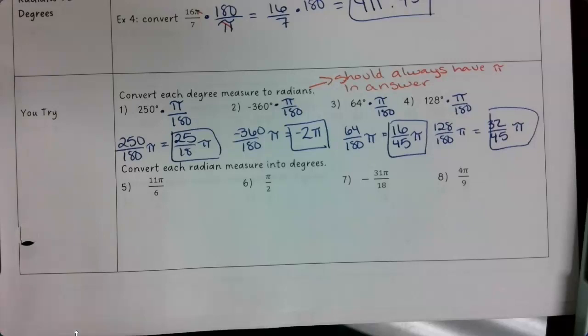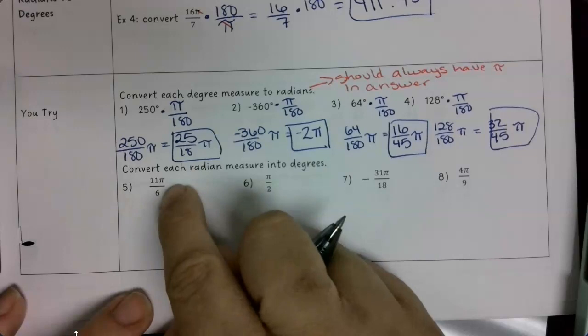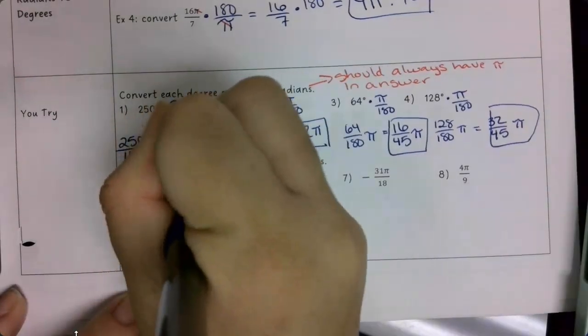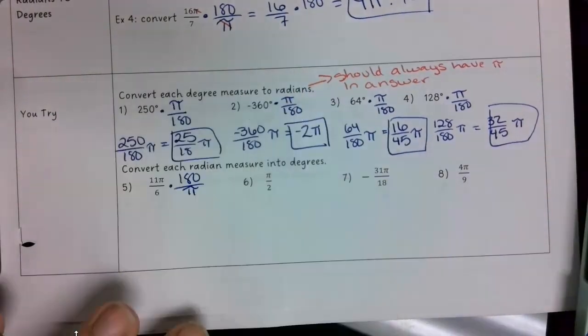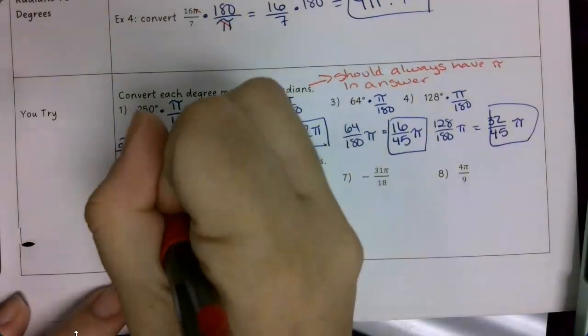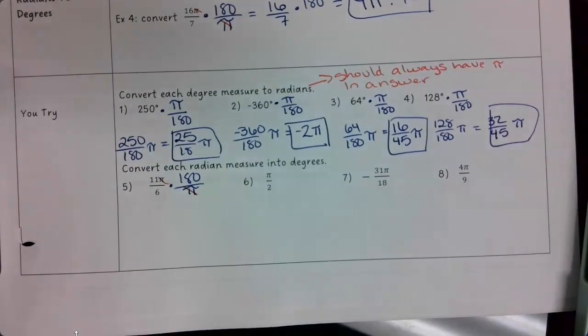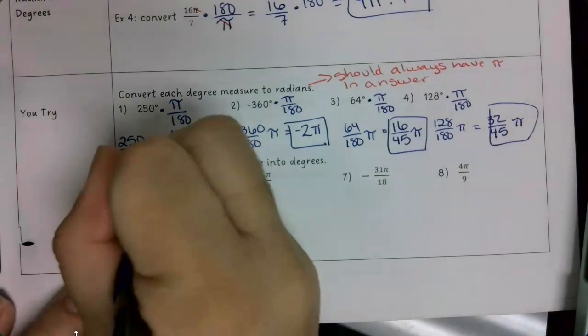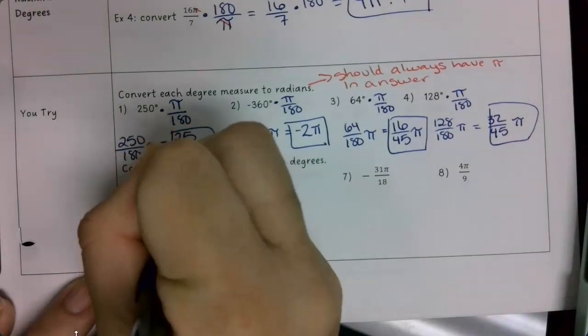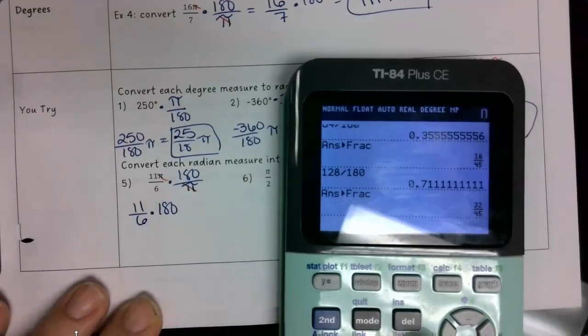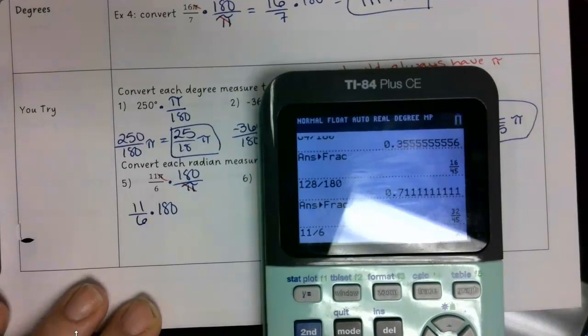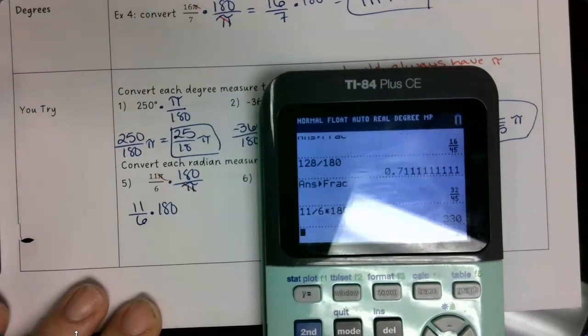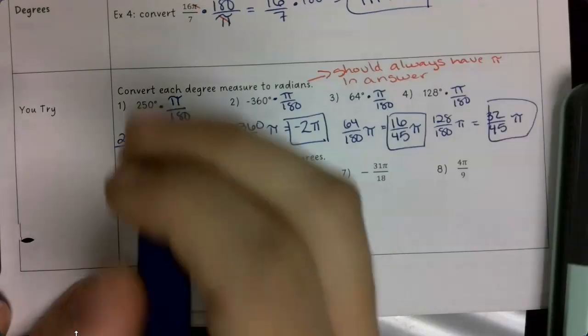Okay, the other ones, I'm converting into degrees, and I have pi's on top. So I want to multiply by 180 over pi, because I want to cancel out my pi. So really here, I'm doing 11 over 6 times 180, which gives me 330.